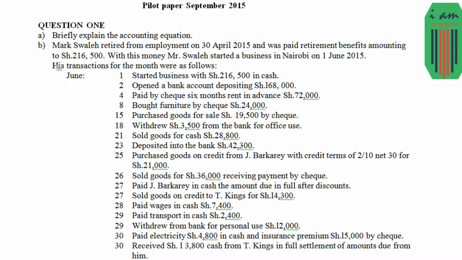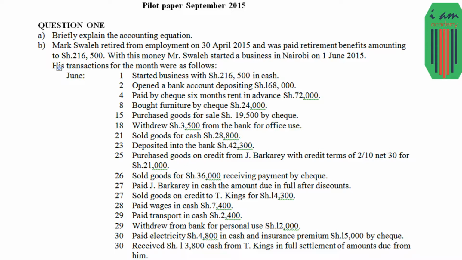Mark Swale retired from employment on 30th April 2015 and was paid retirement benefits amounting to 216,500 Kenya shillings. With this money, Mr. Swale started business in Nairobi on 1st June 2015.